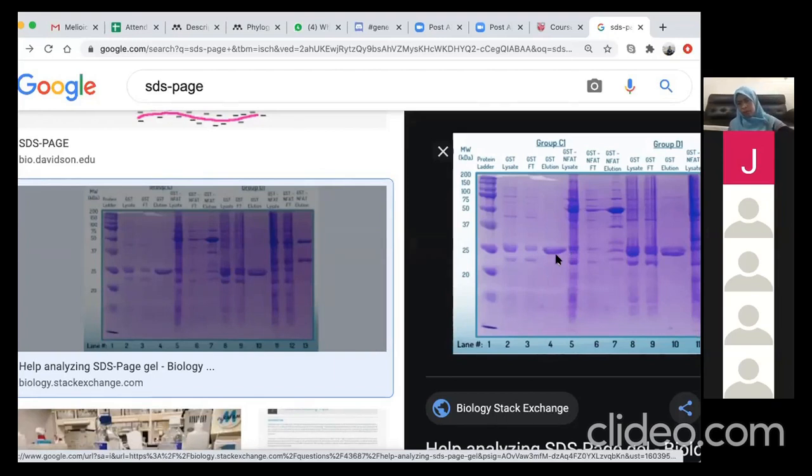So, like I told you earlier, in protein purification, we have many steps, many different principles. Protein can be separated based on size or molecular weight. Protein can also be separated based on the PI. Remember, we have the PI where the protein becomes zero net charge. Protein can also be separated based on the charge.